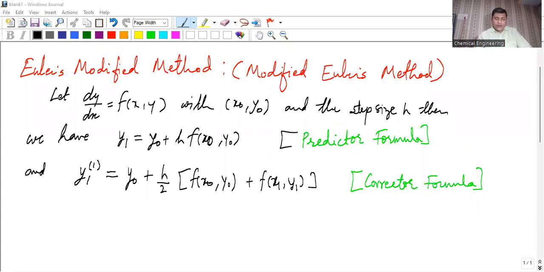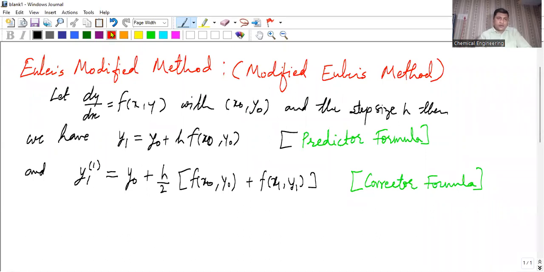In Euler's modified method, usually we go with 2 steps, so we try to find the final answer in 2 steps. But here we'll first try to understand how the accuracy is considered, and how we are able to get the answer within one step.